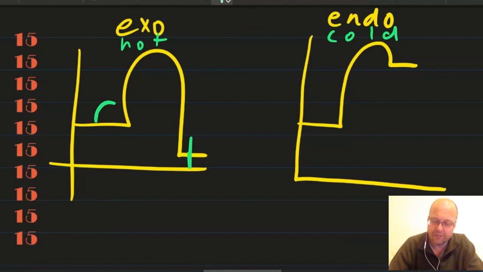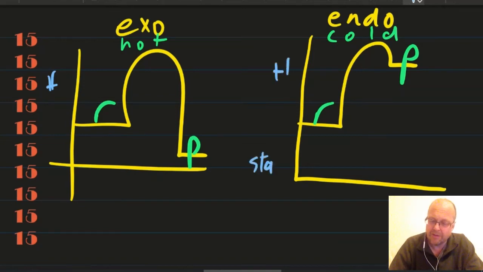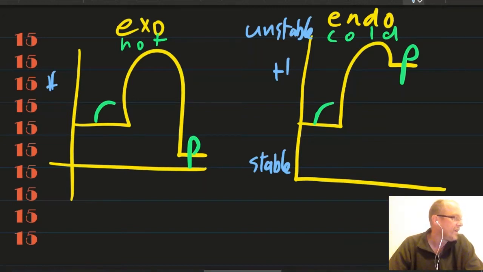These are the reactants and products. These are the reactants and products. This is energy there. At the bottom is stable. Low energy is stable. And at the top is unstable. Is that enough for us?